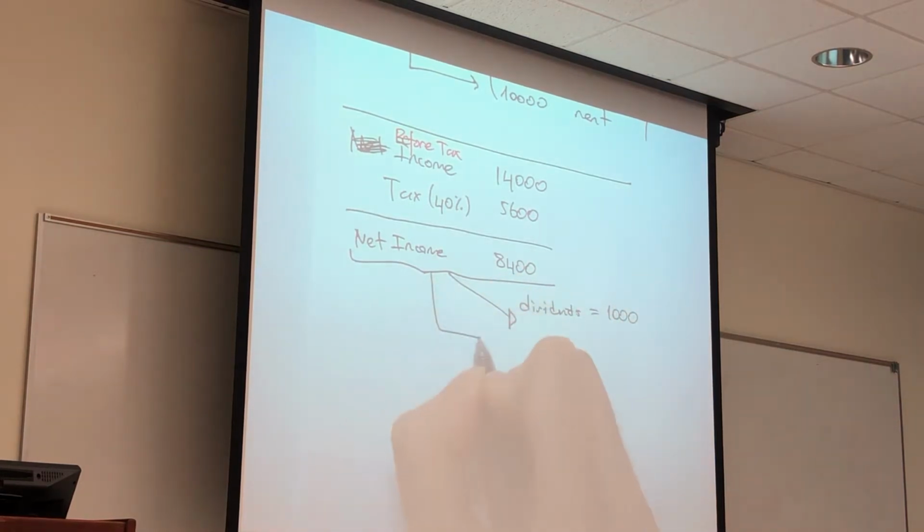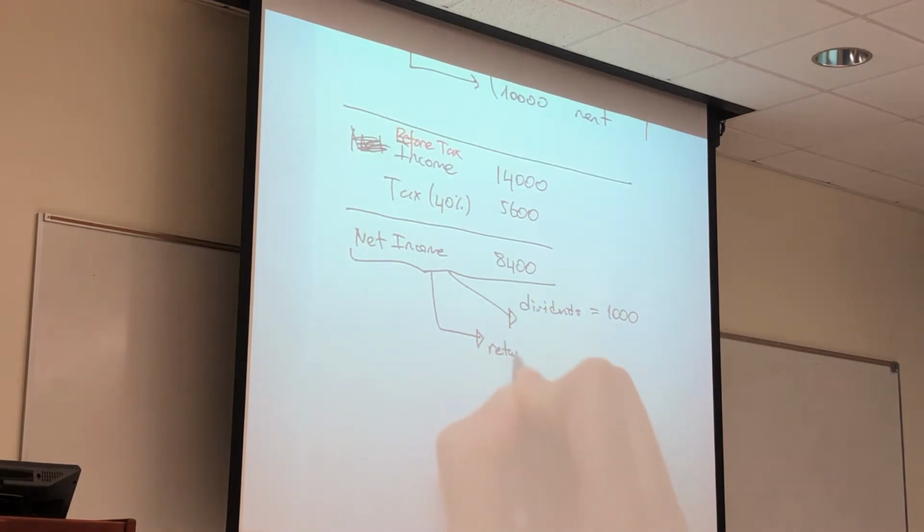And then the second one is, we're just going to save up the money and use it later, right? Just put it in the bank, write it as a cash asset, which will be called retained earnings, right? Yes, so this will be equal to 7,400.